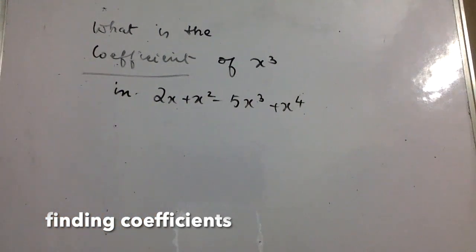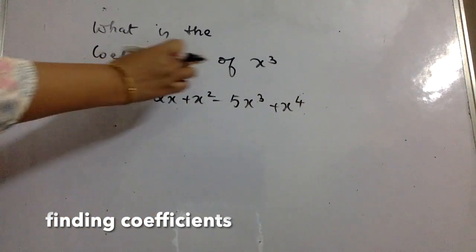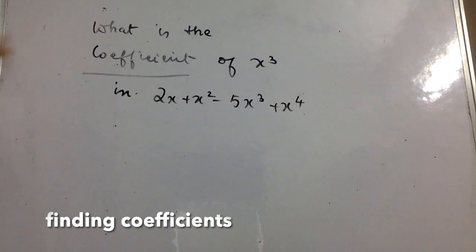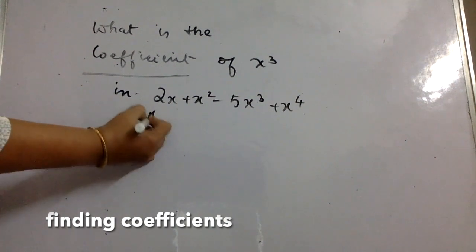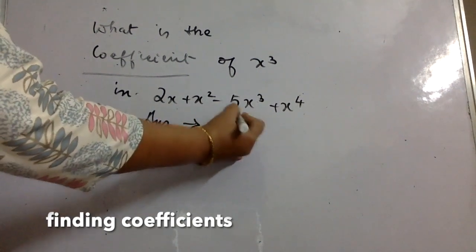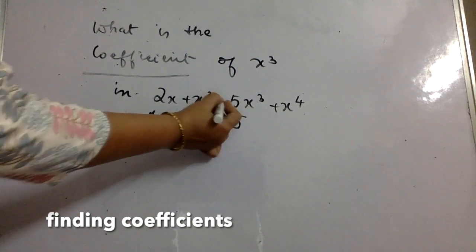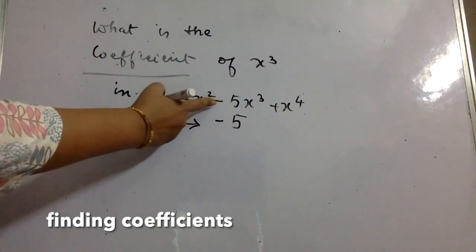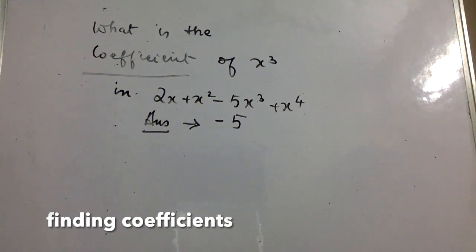In this, what is the coefficient of x cube? Now, if they ask a question like this, you have to understand that the answer is clearly minus 5. That is, this number is definitely the coefficient, but then it also takes the sign with it. So, the coefficient is a minus 5.